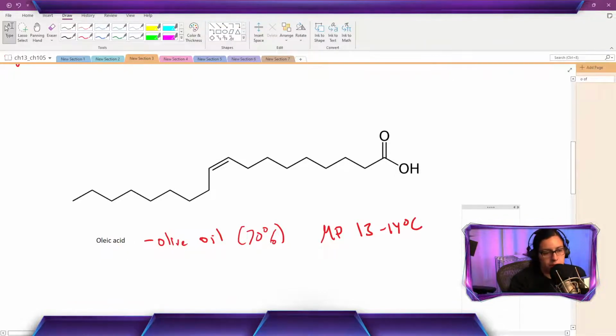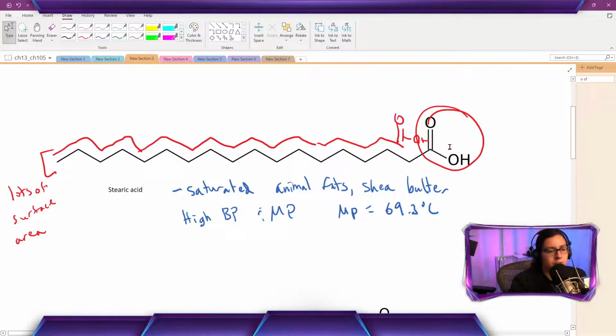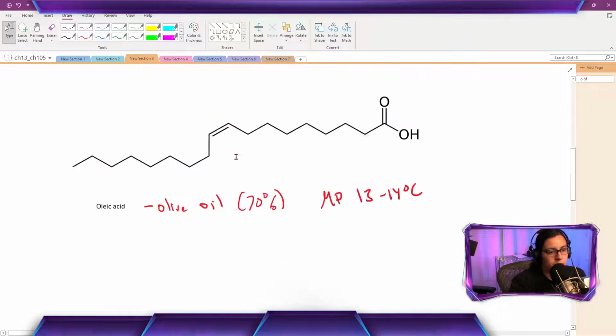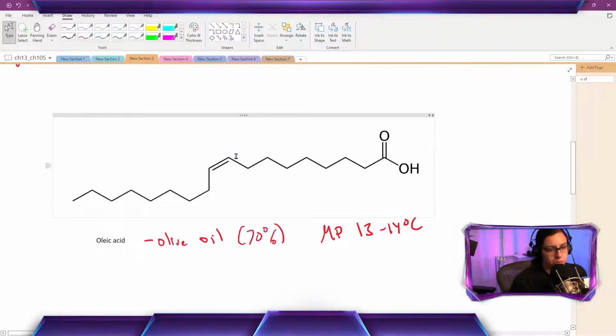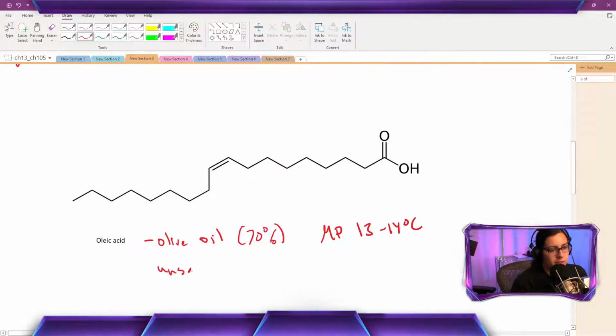So what accounts for that huge difference as we go from saturated, so now this would be called unsaturated, since it has a double bond. So in this case, this oleic acid has one double bond. And so this double bond, we mentioned that this is going to be in the cis conformation.